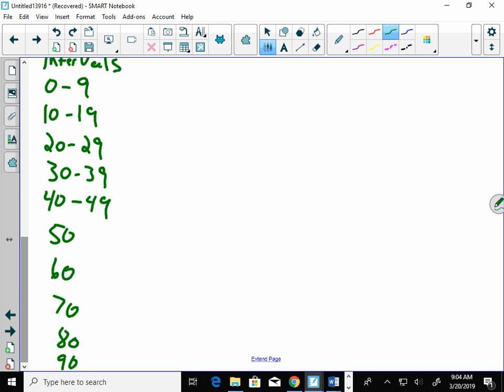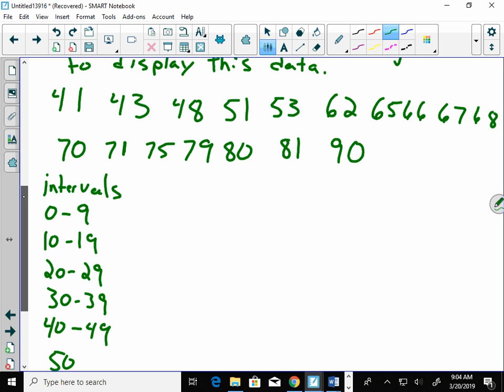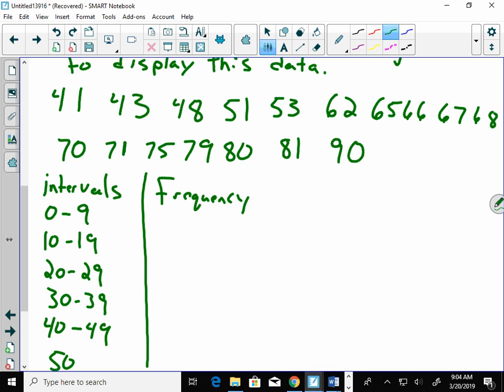Okay. So these are your intervals, okay? So this is how many of each that you'll have. You count out the frequency, and you count out the frequency for each one.